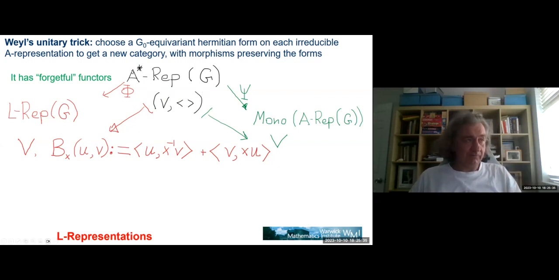So when one works with equivariant spectra, these are the sort of things you do. So then it has two forgetful functors. One is to A representations, which we can just forget about this form, right?